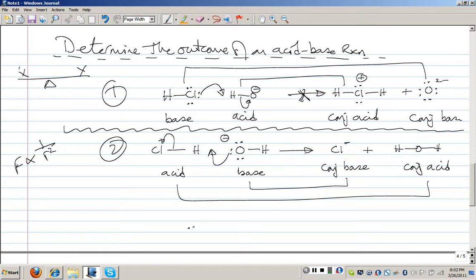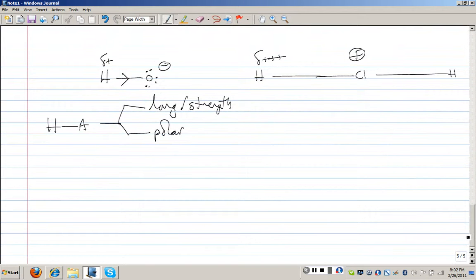Well, let's see. So I'm comparing hydroxide as a base against chloride. So here is hydroxide, HO minus, and Cl minus. Now, they both have a 1 minus charge, so that's a wash.